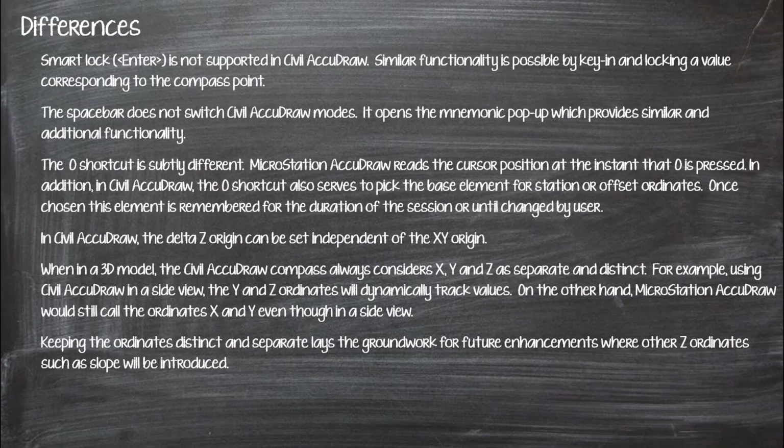Keeping the ordinate distinct and separate lays the groundwork for future enhancements where other Z ordinate, such as slope, will be introduced. So those are just some of the differences and limitations between MicroStation Civil Accudraw and the standard MicroStation Accudraw. You will see examples of most of these in the videos in this section.